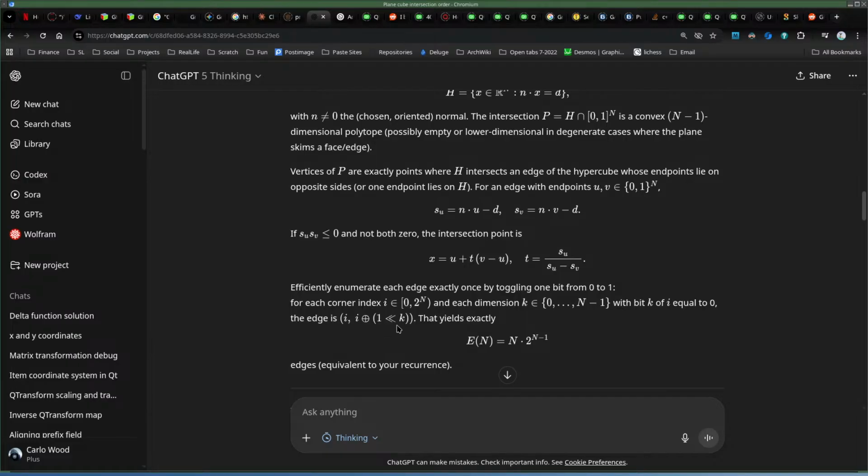So that gets rid of the duplicates. Yeah, okay. That yields exactly, I guess it's still, the number of edges of n is n times 2 to the power n minus 1. Okay, yeah, it didn't work out my recurrence, but apparently this is the formula.